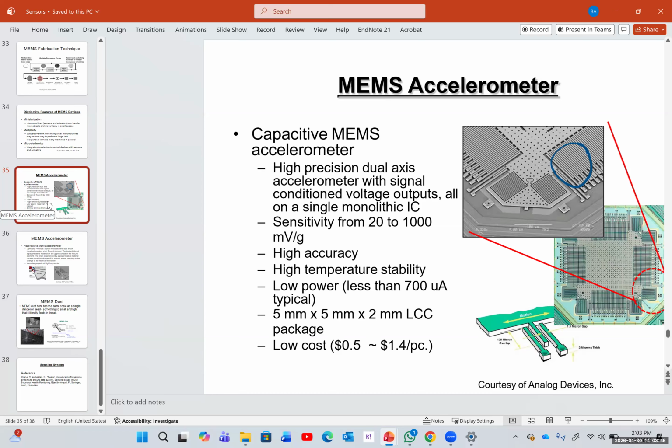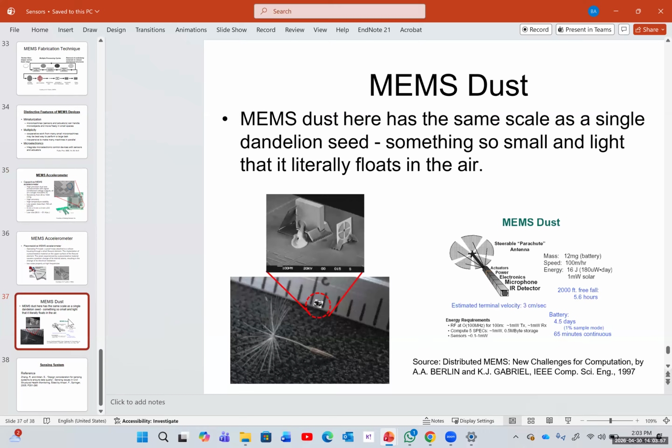They're working on building new types as well, for example, one for detecting blood glucose. You can make that very small as well. So imagine you can build a glucose meter so small that you can inject it, and it measures your glucose levels and directly sends the signal to your phone.